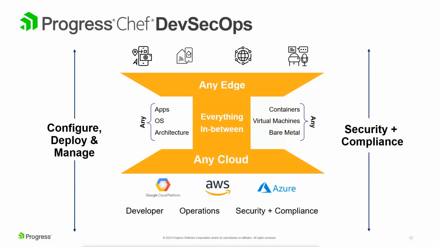Let me build this out. So from any edge to any cloud and everything in between, from both a configure, deploy, and manage, and from a security and compliance perspective. So this is, again, somewhat of an aspirational statement. I'm sure someone could come in and say that there's some system or device that we can't manage.